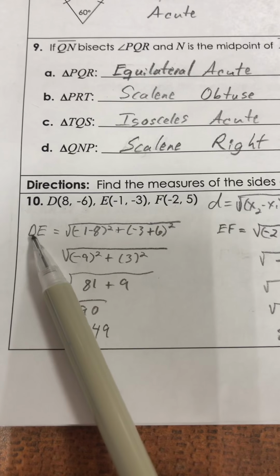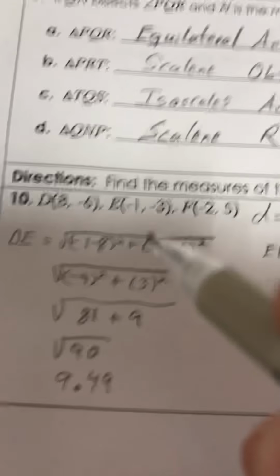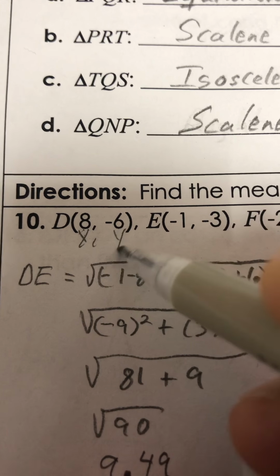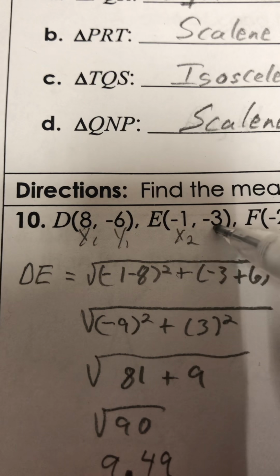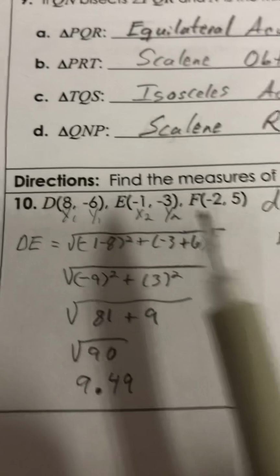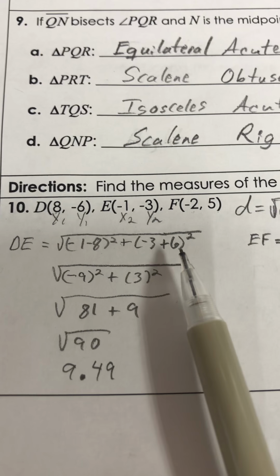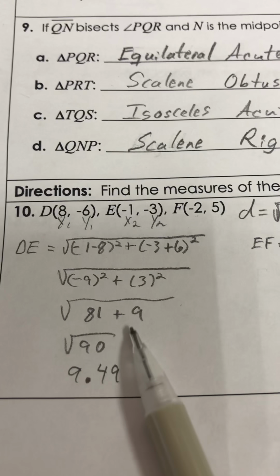I could label these, and I'll relabel these, x1, y1, x2, y2. And I just plug in those numbers here. Remember, when you're subtracting a negative, it becomes positive. And you just work it out.